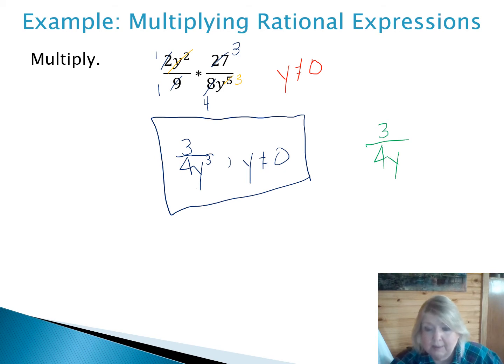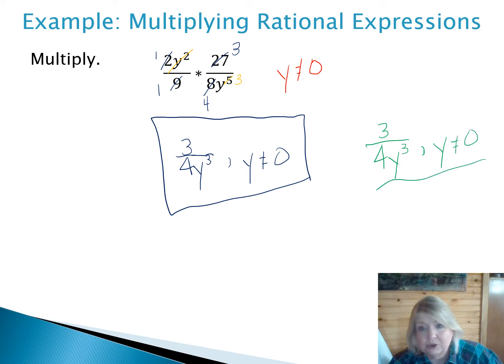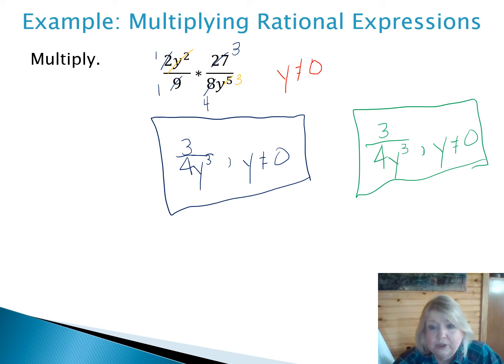When you divide with a common base, you subtract your exponents. 5 minus 2 is 3. I get the same exact answer either way you want to look at it. If you want to do the subtraction, which is using the rules for exponents, or if you want to use the same cancellation concept as your elementary school fractions, either way works good. Whatever's comfortable for you.